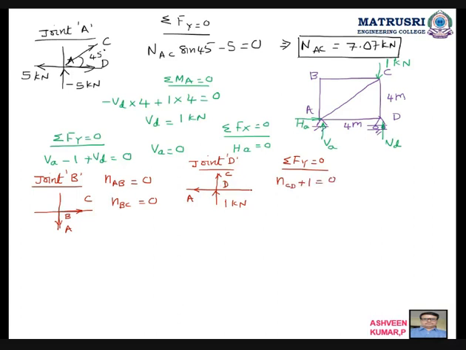NCD upward, 1 is also upward. So NCD is equal to minus 1 kilonewton. Then go for sigma F of x is equal to 0. Nothing is there. So you can write NAD is equal to 0. If you want, you can keep all this in boxes.